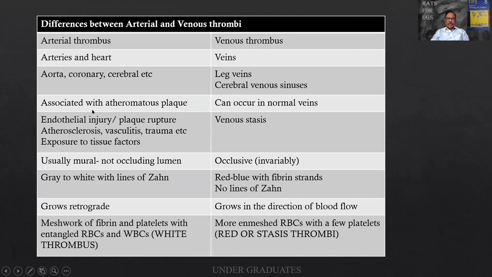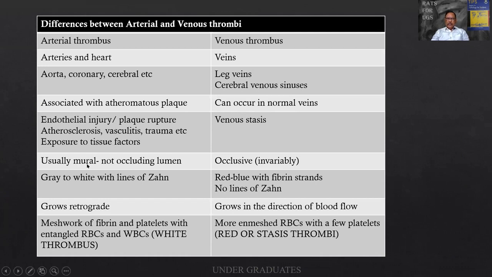It can be associated with an atheromatous plaque, whereas here it can occur in normal veins or distended veins, as in the case of varicose veins. Endothelial injury, plaque rupture, atherosclerosis, vasculitis, these are all some of the predisposing factors for arterial thrombus, whereas here it is venous stasis, as in the case history we had seen.